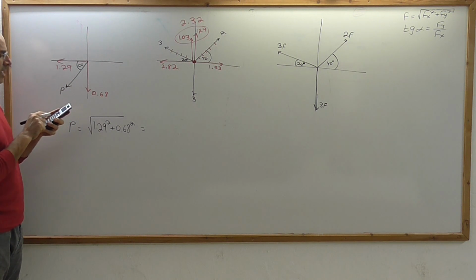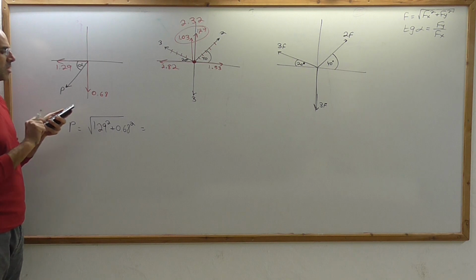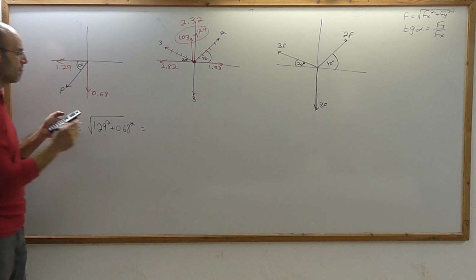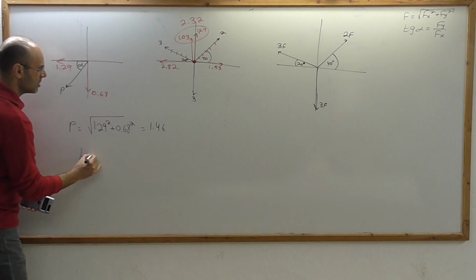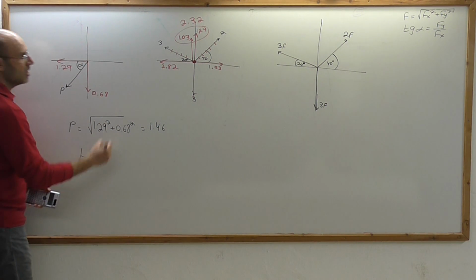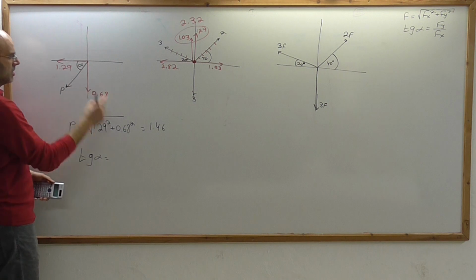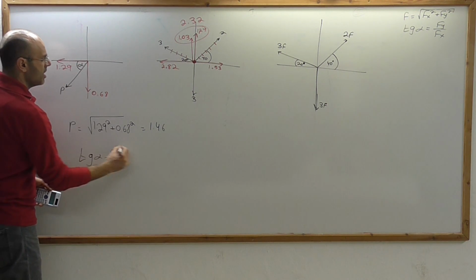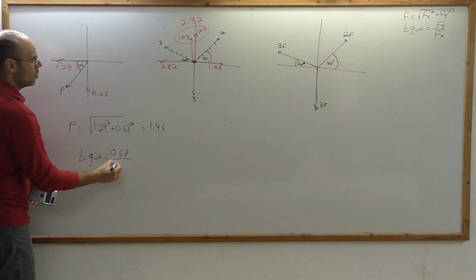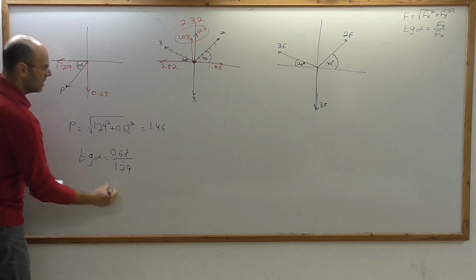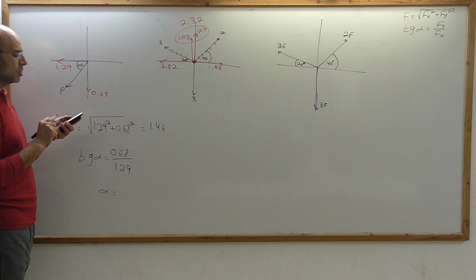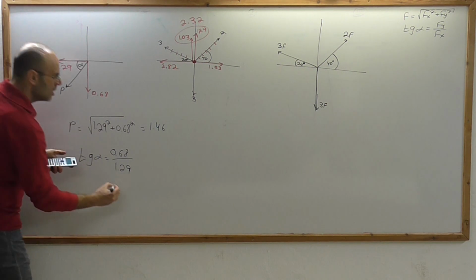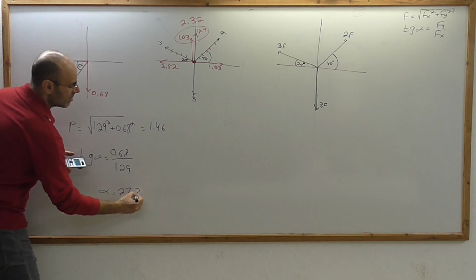So it's the square root of 1.29 squared plus 0.68 squared, which is 1.46, and tangent alpha is y over x, 0.68 over 1.29, shift tangent, 27.8.